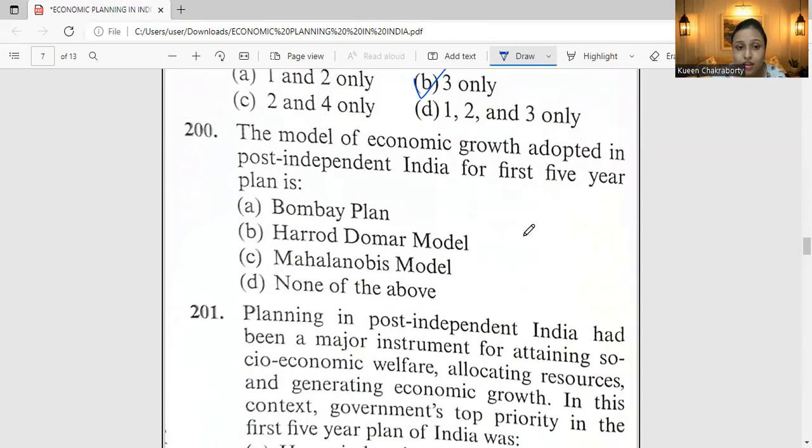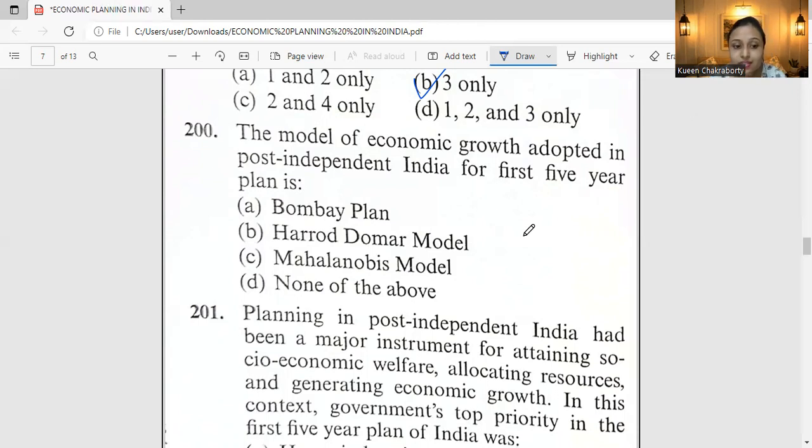Question 200 says, the model of economic growth adopted in the post-independent India for the first 5-year plan is Bombay Plan, Harrod-Domar Plan model, Mahalanobis model, or none of the above. Okay. So coming to this question, see, the prime target for the first 5-year plan of India was development of agriculture.